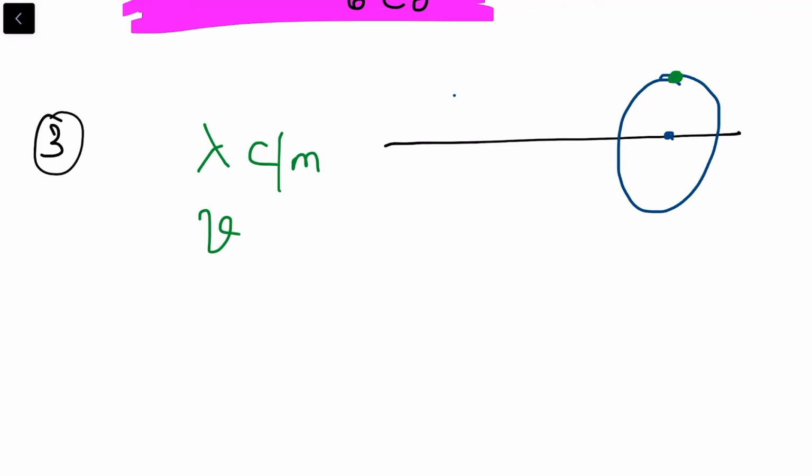Now how can that centripetal force be provided? It is given by the force exerted by the electric field.